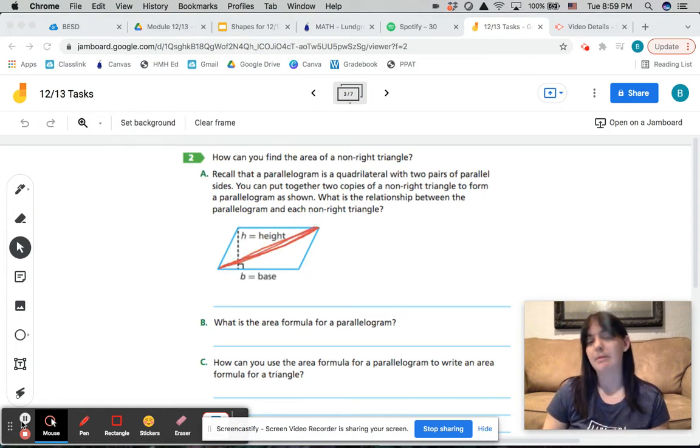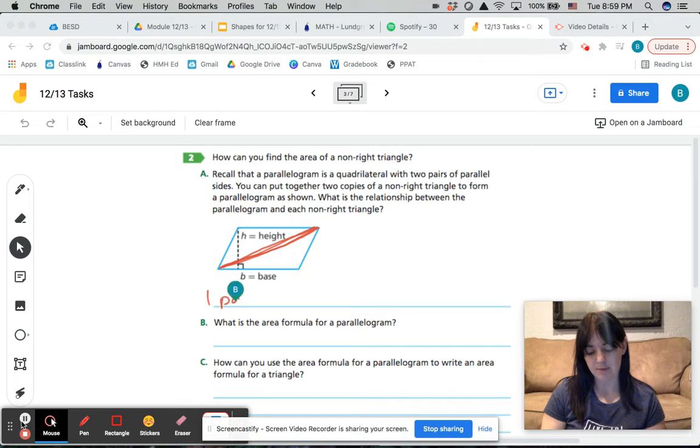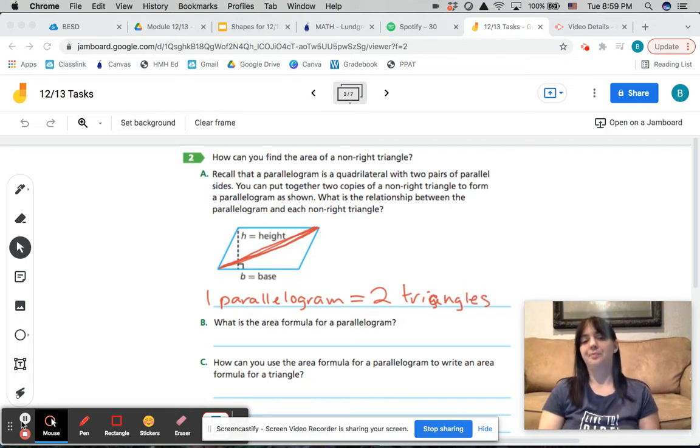And I cut this in half, okay? You can see that one parallelogram equals two triangles.